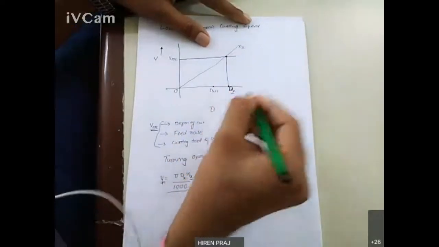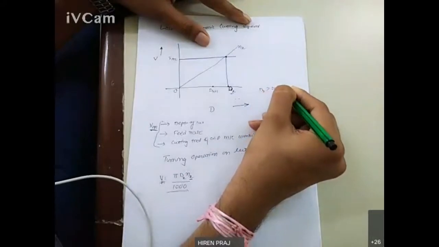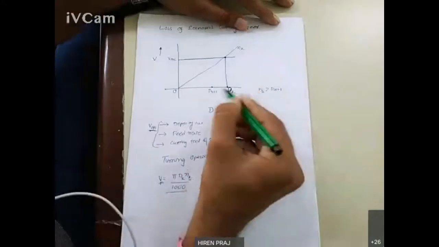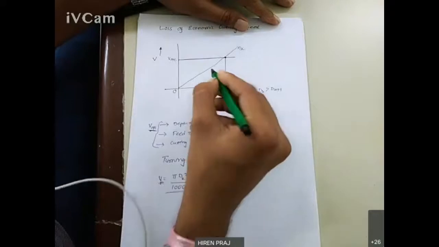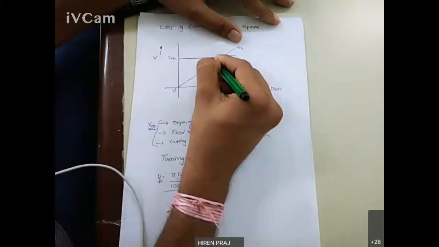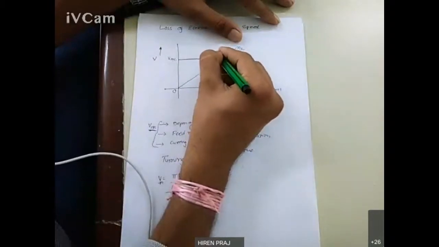So Dx is greater than Dx plus 1, right? Now this is the diameter which represents the next rpm available, that I call Nx plus 1.